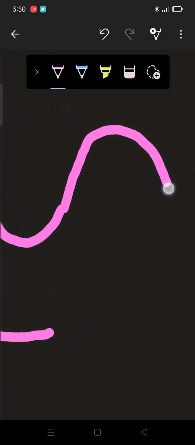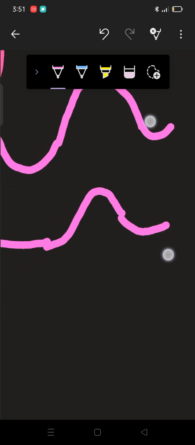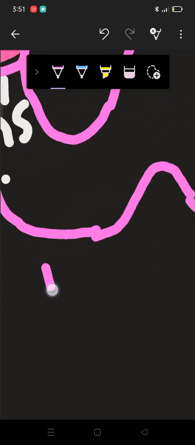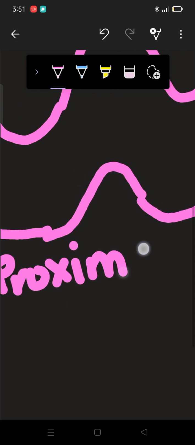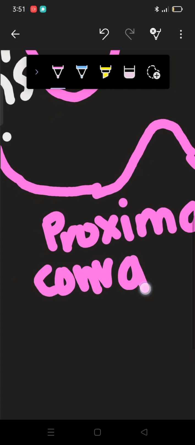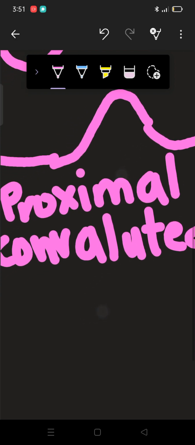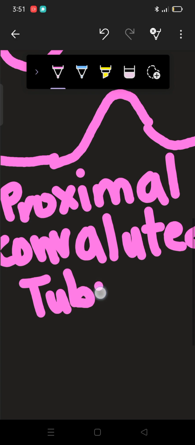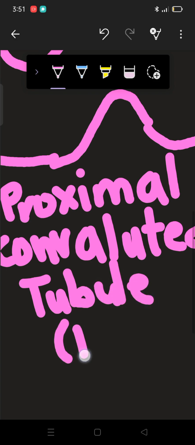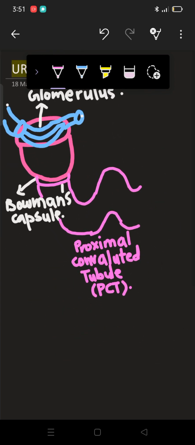This is folded; this is the tube which is folded. PCT is the proximal convoluted tubule.